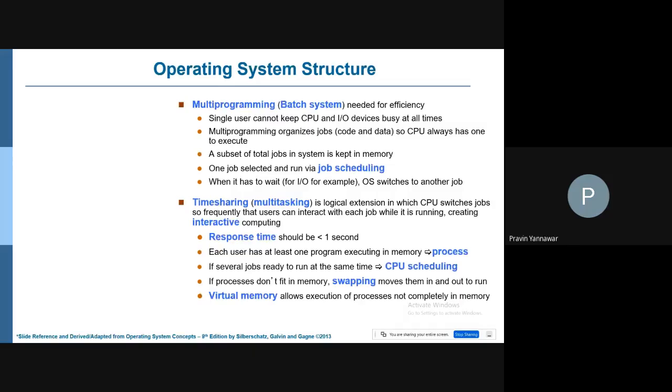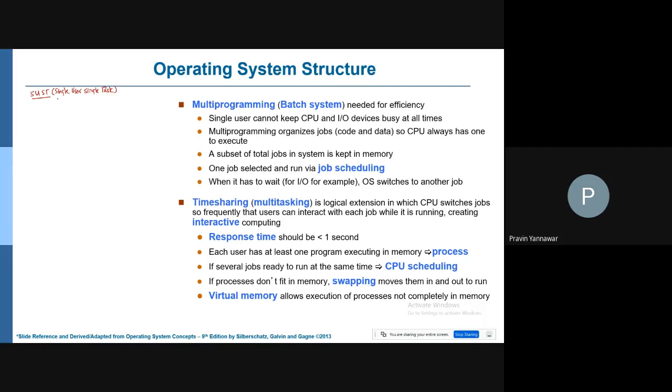Now, two important terms are multi-programming and system. What is multi-programming concerned with? If you are working with a single program, the system is called a single programming system. If you remember, single user single task, you can refer to it as a SUST kind of system.